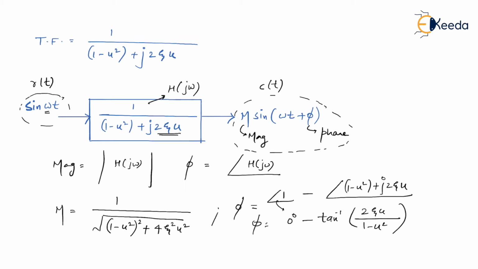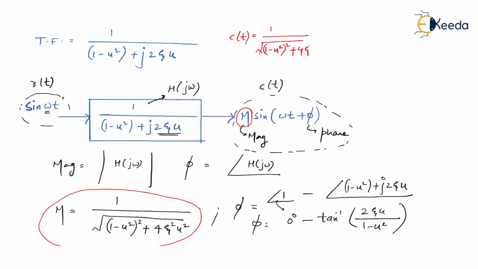So let us substitute that and get the final value of c of t. Over here, I'm writing the final c of t. What do we want first? Magnitude. What is the magnitude? This is the magnitude. It is 1 over under root of (1 minus u square) whole square plus 4 zeta square u square.